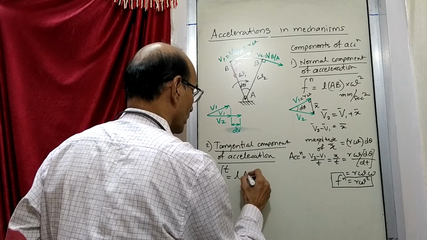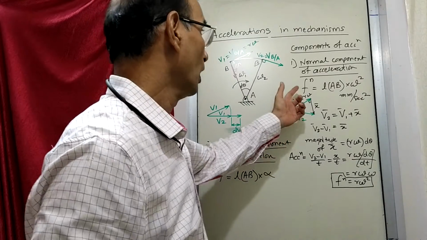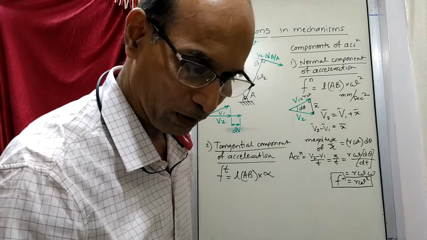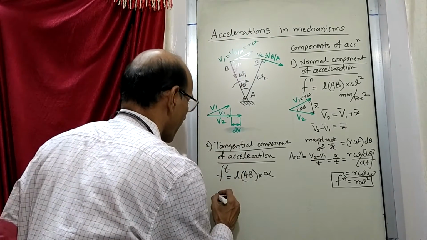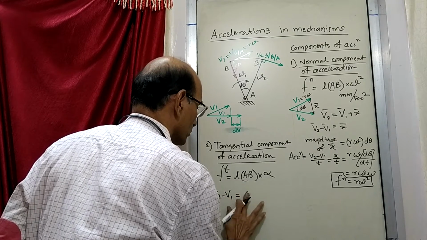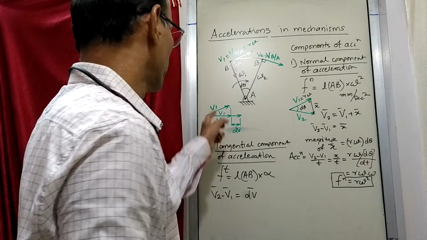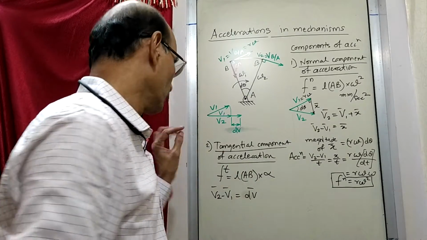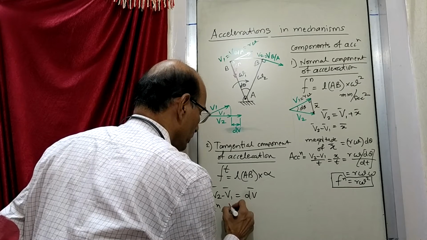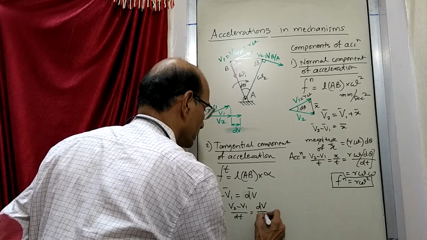length into alpha. Now how has this come? How this has come, we will find out. So what we now do is, here V2 minus V1, so the difference in the length is delta V, which we know, and then the acceleration is equal to V2 minus V1 upon time, which is equal to dV upon dt.